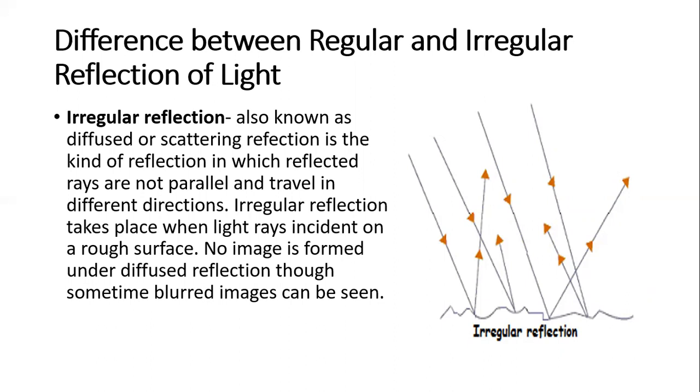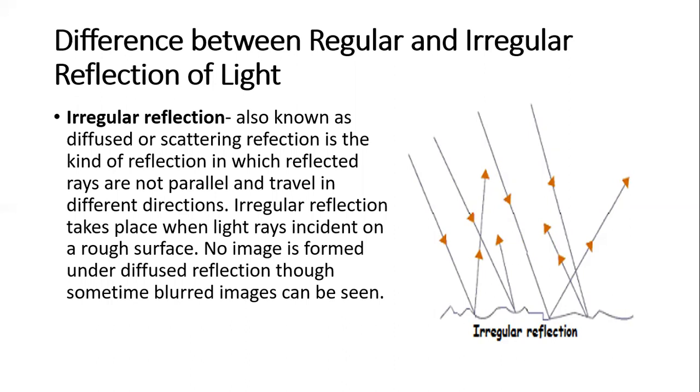So you can simply see the difference between regular and irregular reflection: in regular you will have a clear image, while in irregular you will have blurred images or no image at all. We've seen that regular reflection takes place on a smooth or highly polished surface, while the irregular takes place on a rough surface. Those are just a few of the differences.